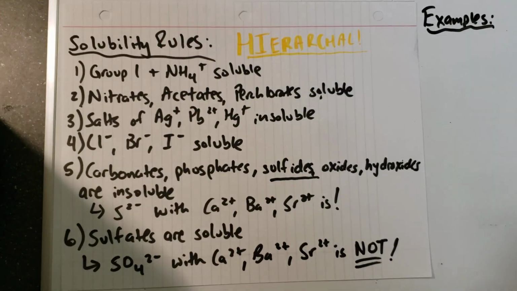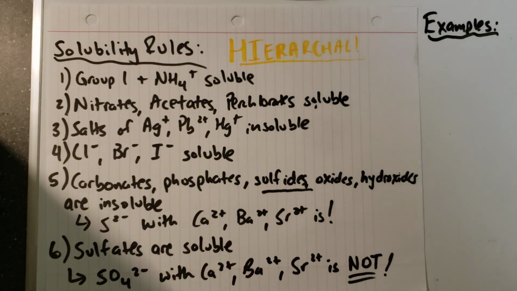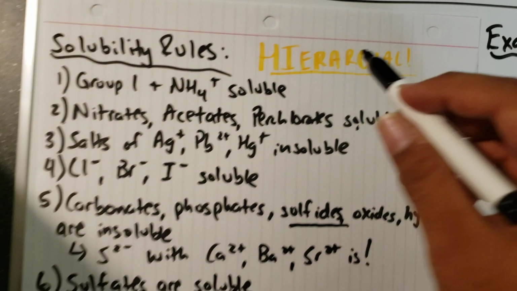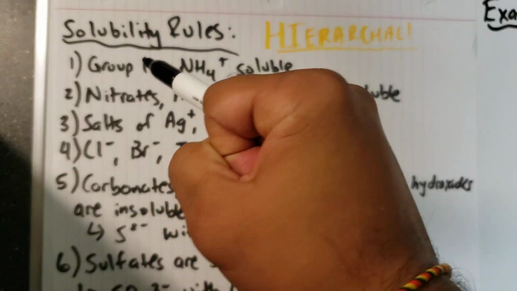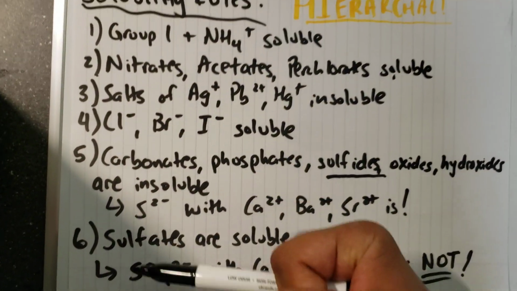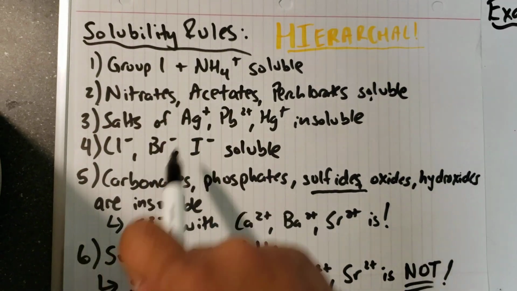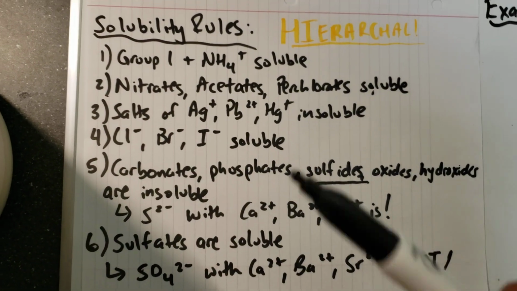Briefly, solubility is determined by solubility rules, which, it's important to note, are hierarchical, which is why this is in a different color here. The hierarchy means that we have 6 solubility rules, as shown here, and Rule 1 is more important than Rule 2, which is more important than Rule 3, and Rule 4, and so forth.